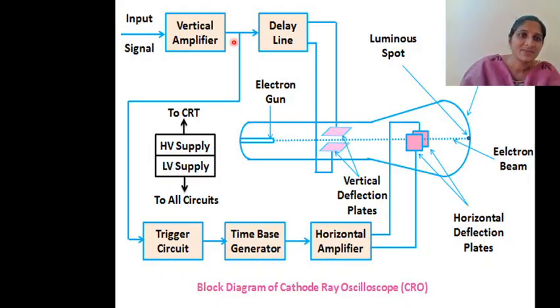And from the vertical amplifier the signal goes to the trigger circuit. From the trigger circuit, time base generator to horizontal amplifier, it is fed to the horizontal plates. And finally this is the phosphor screen where you are observing the waveforms.